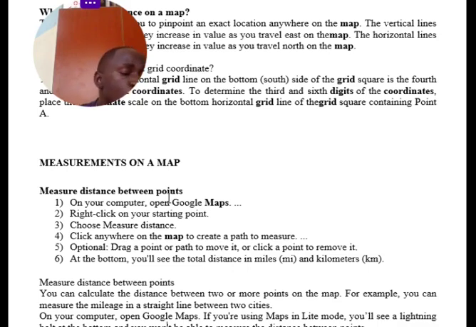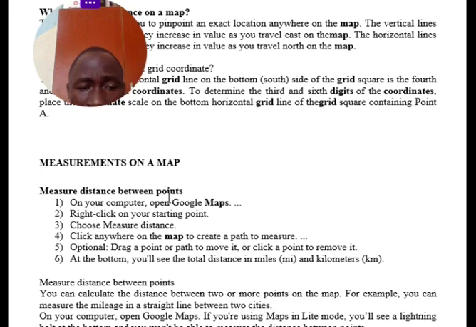In other words, look at that road. If you are going to be measuring the distance of a road from one point to another, identify the starting point. After identifying the starting point, right click on it, then choose measure the distance. Then you look at where it ends.